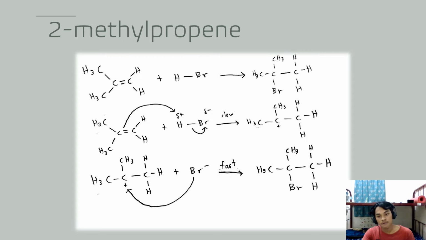For the second step, formation of product from the carbocation, the bromide ion will attach to the carbocation, and the final product will be 2-bromo-2-methylpropane, and this reaction rate is fast.